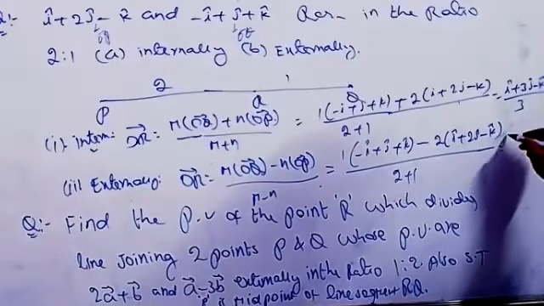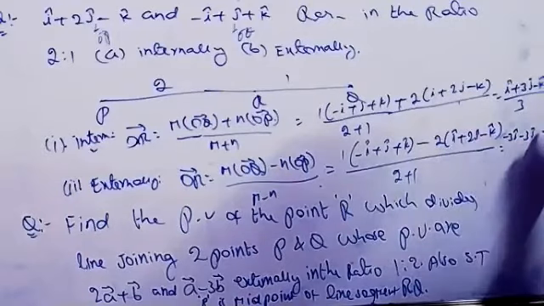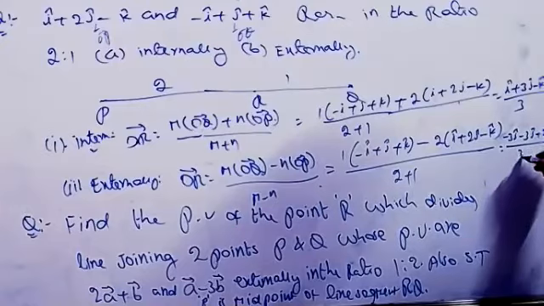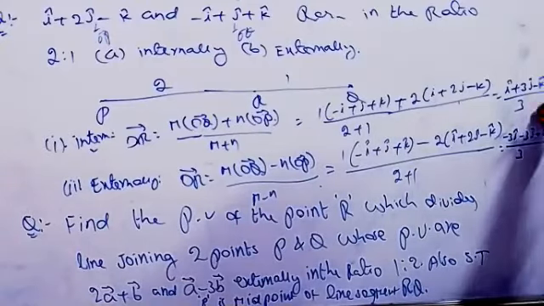Minus i minus 2i, clearly we can write minus 3i. j minus 2j equal to minus 3j. k plus 2k equal to plus 3k, whole by 3. If you want, you can take 3 common and cancel that. Internally and externally.